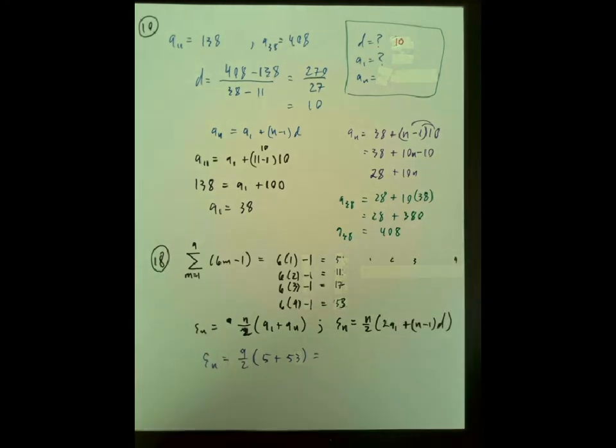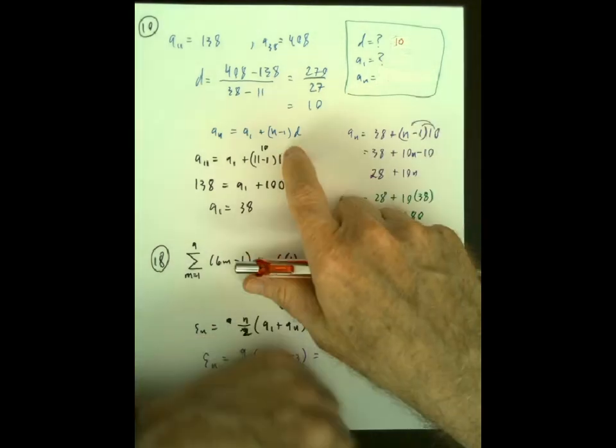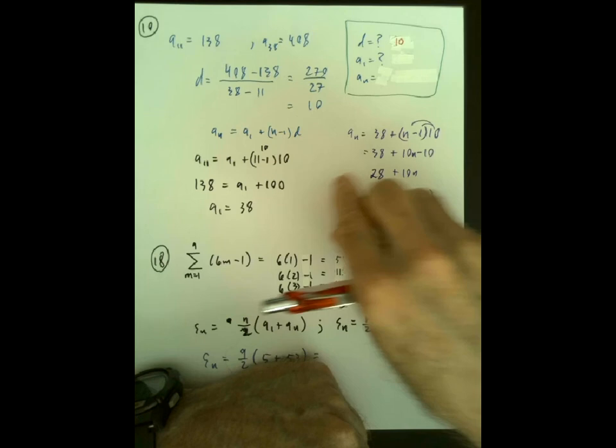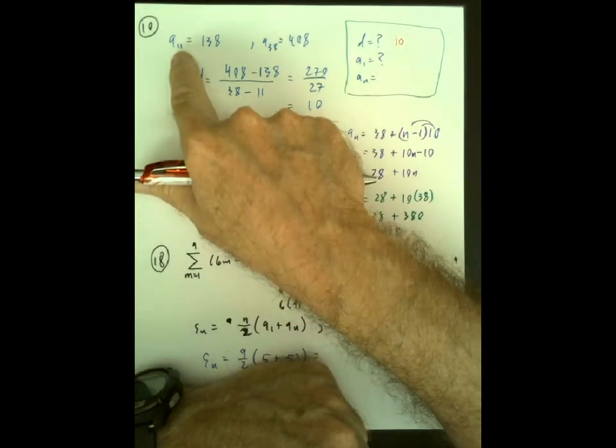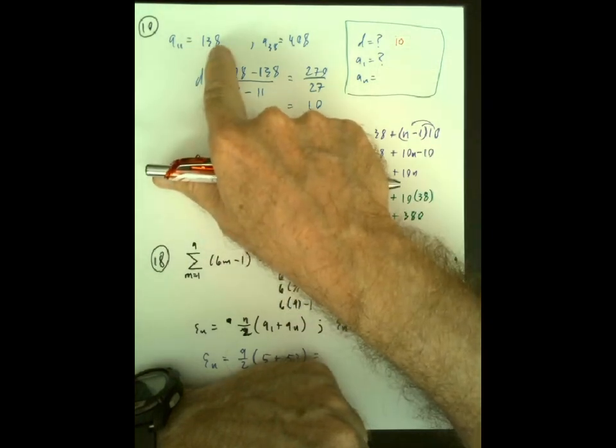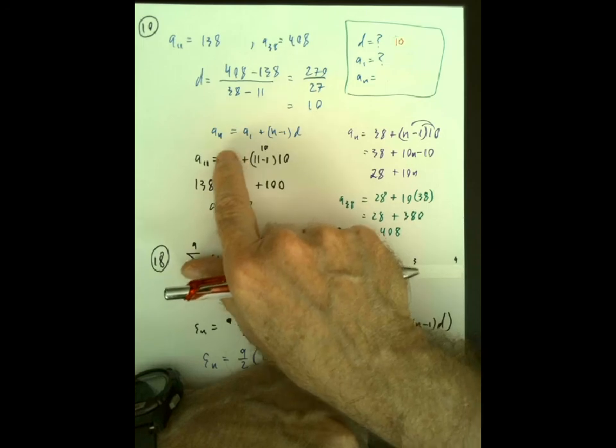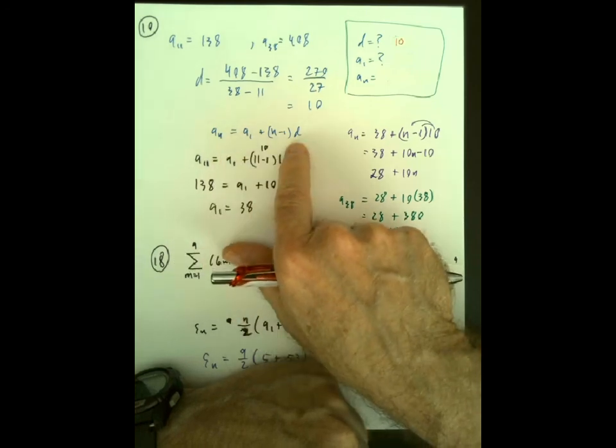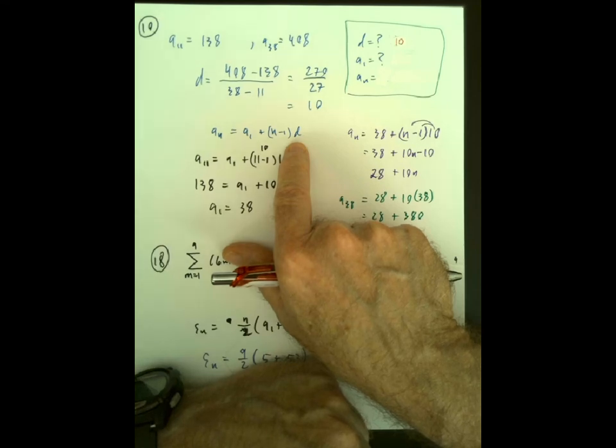And then also the next part, now we can get A sub 1. We know that the 11th term is 138, so we can plug in here. This is our general formula for any arithmetic sequence, the template, the format for the explicit formula of any arithmetic sequence.